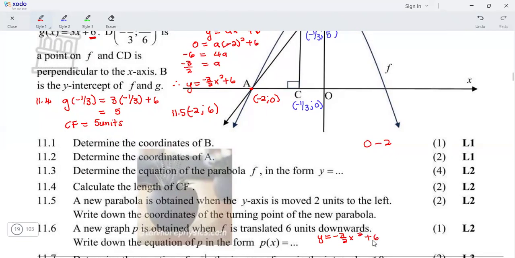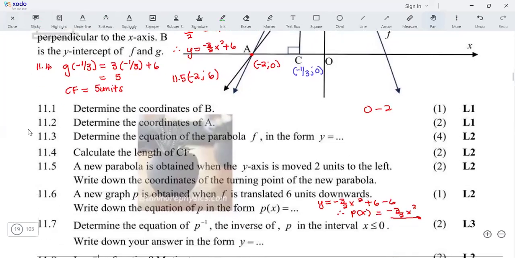So you are translating this one 6 units downwards, which means you're going to say minus 6 here. So therefore, the equation of p(x) is going to be -3/2 x², and then the 6 is gone because 6 - 6 is 0. So that is the end of this question.